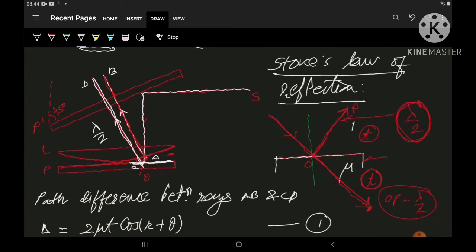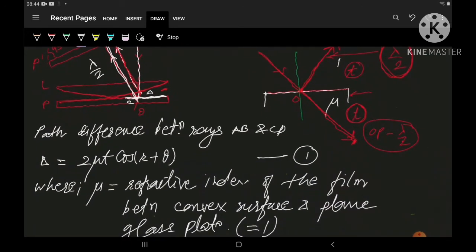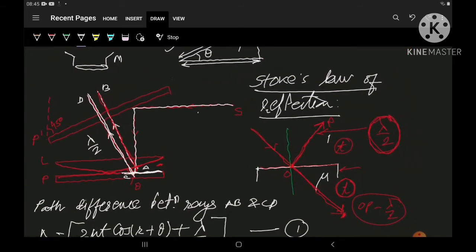Therefore in our case the final path difference between AB and CD will be 2 mu t cos (r plus theta) plus lambda by 2, where lambda is the wavelength of the used monochromatic light.